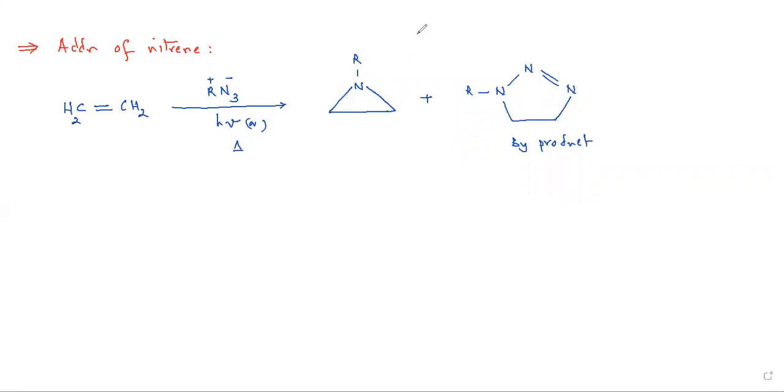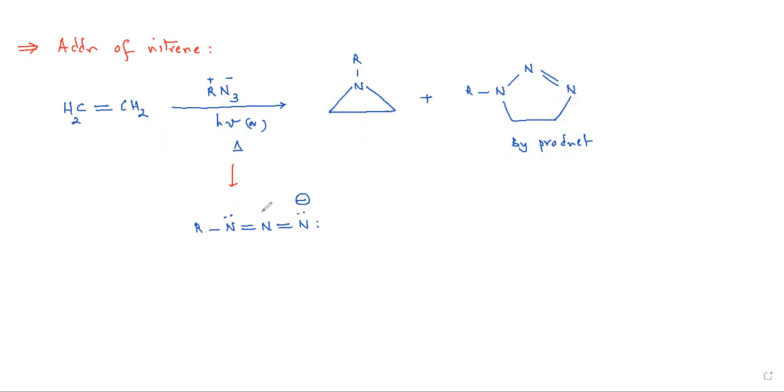I mean, what is alkyl azide? See, this can, of course, be shown as R, N, a lone pair, double bond, N, then this. Look at how it is written.